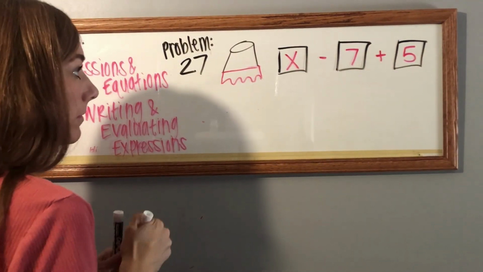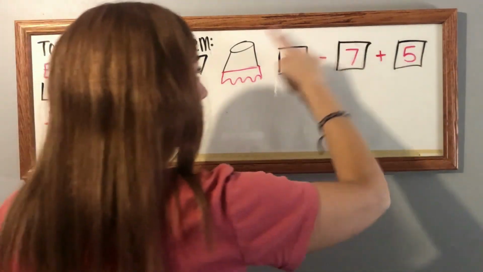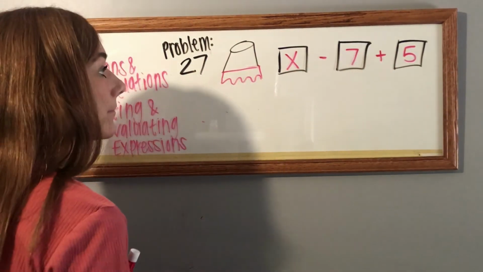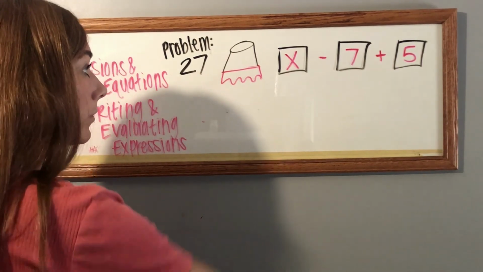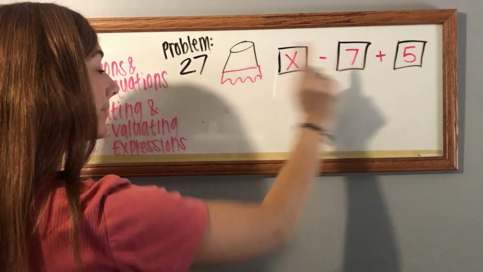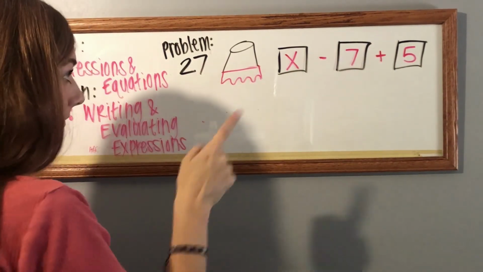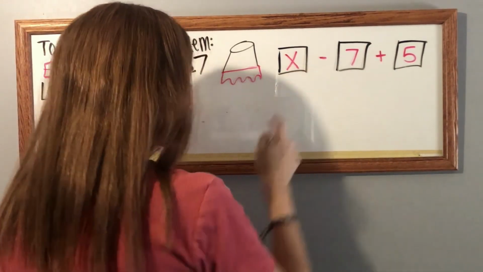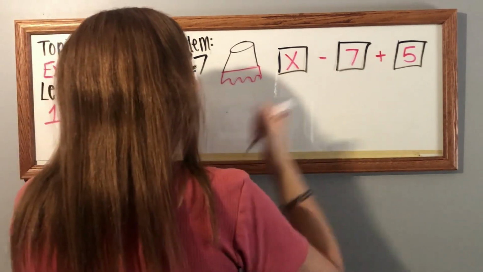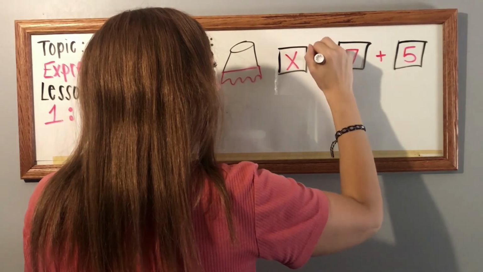So when I'm looking at the problem that I have up here on the board, it says x minus 7 plus 5. These two, the 7 and the 5, are both constants. So when I see 2 constants, I can put those 2 together and make them into 1 constant. But this minus means that this is a negative. So negative 7 plus 5.